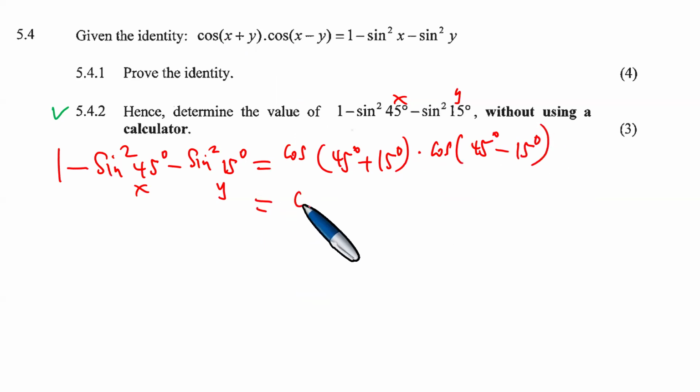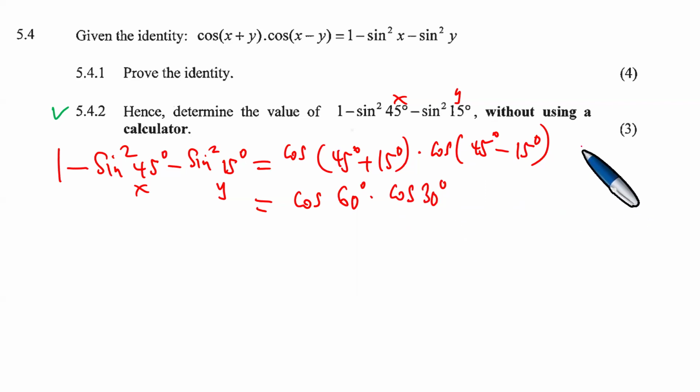Now we're able to find the summation. What is 45 plus 15? It's exactly 60 degrees, right? And 45 degrees minus 15 degrees yields 30 degrees, as written.